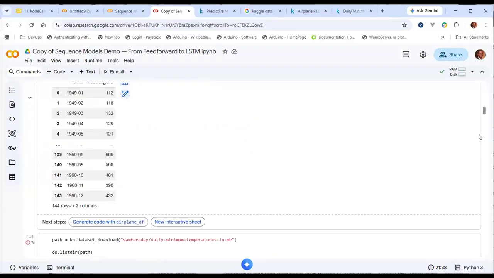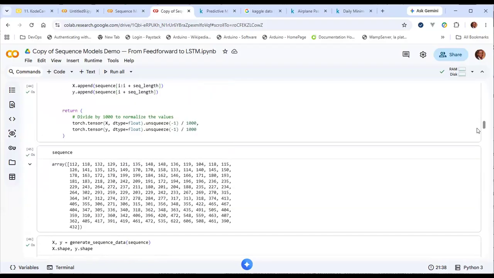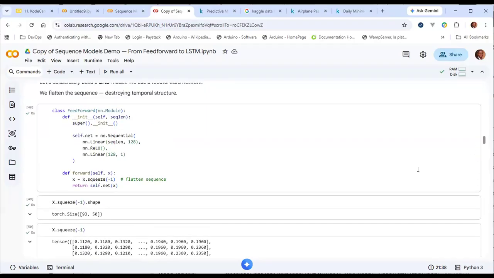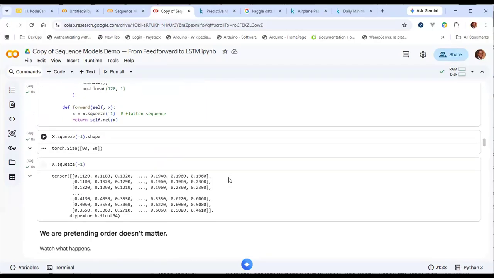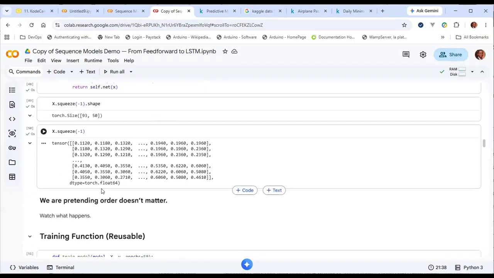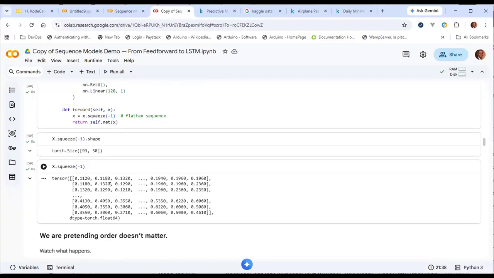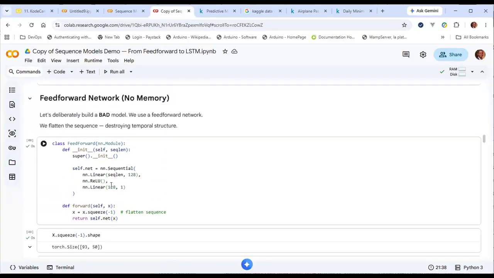Maybe we should divide by 1,000 first, because right now I'm not sure. Okay, this is float 64. So it actually became doubles when I divided by 1,000. Or maybe because I did not specify the float.